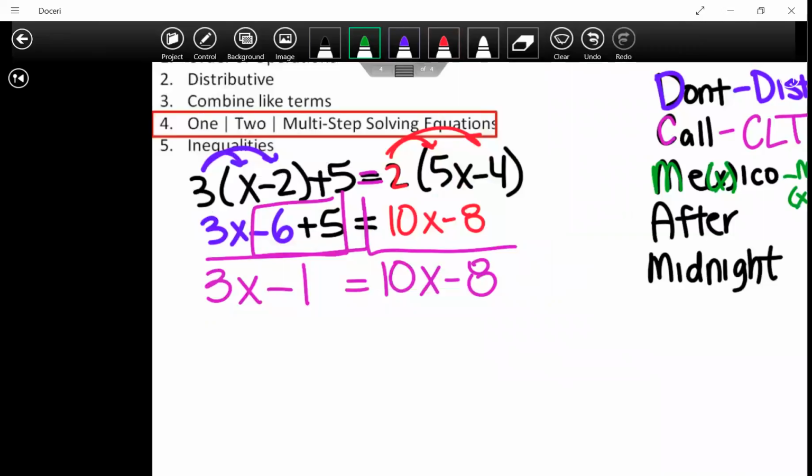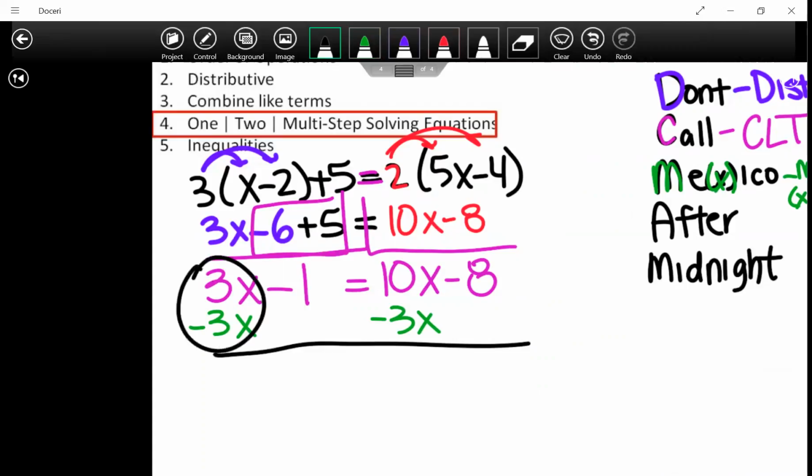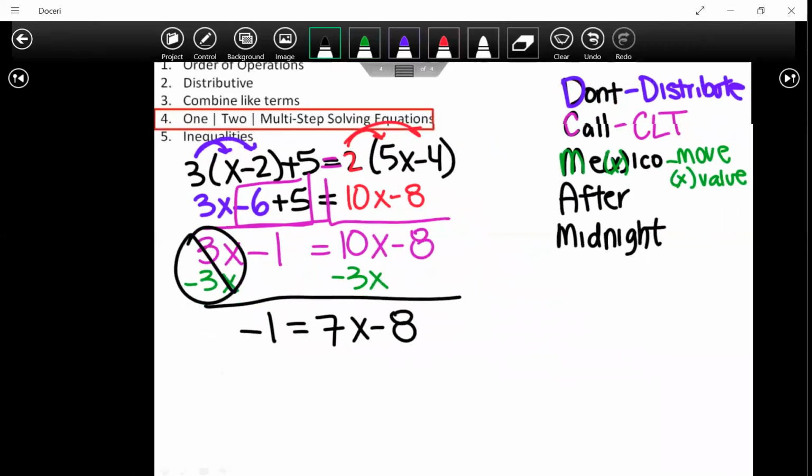My X value in this case happens to be my 3X, so I'm going to subtract 3X. I'm going to move it to the other side. Our 3X and 3X are going to cancel out. Minus 1 is equal to 7x minus 8. We're done with that Mexico portion.